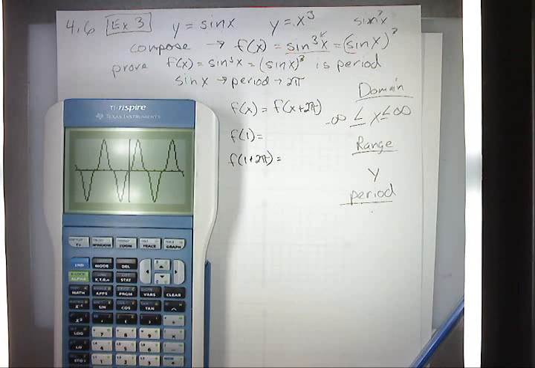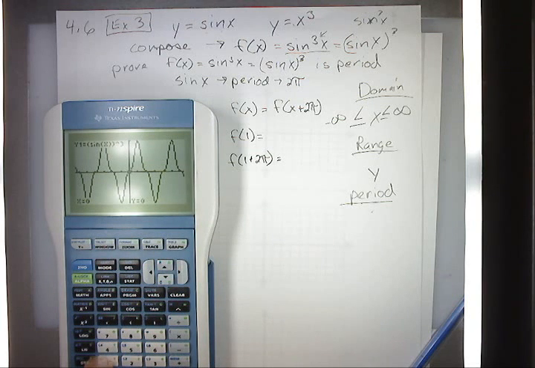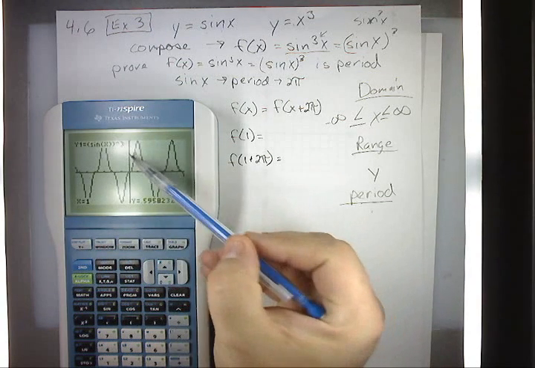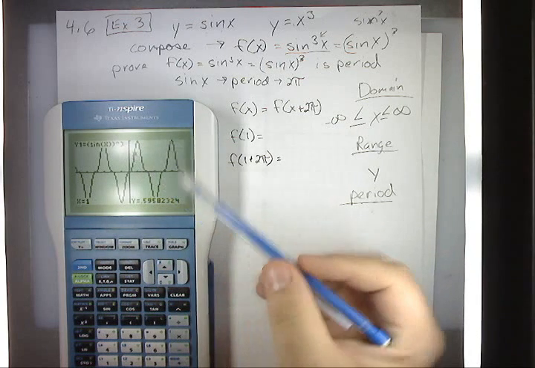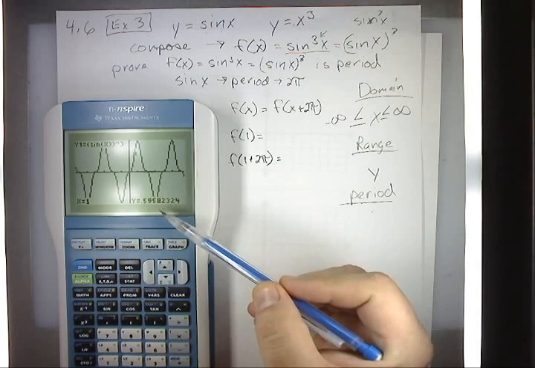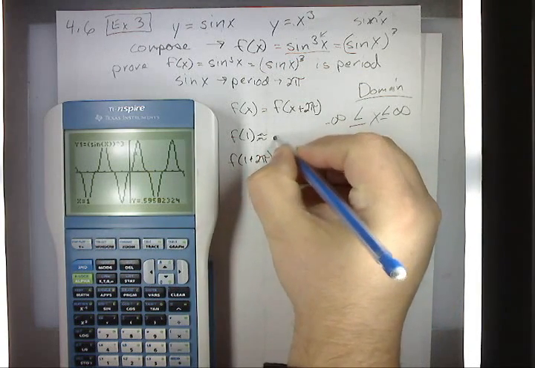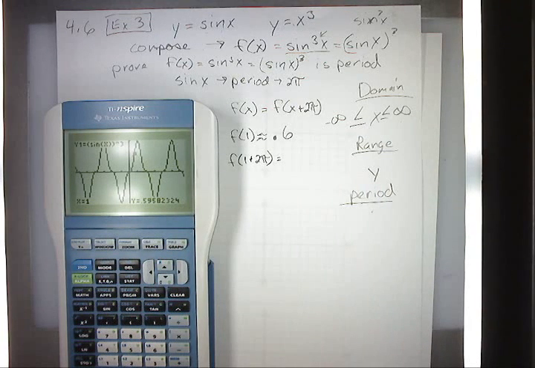I hit my trace button, hit 1, hit enter, and it gives me the corresponding y value. When x equals 1, f of 1 is approximately 0.6. Now I'll hit trace again and plug in 1 plus 2 pi.